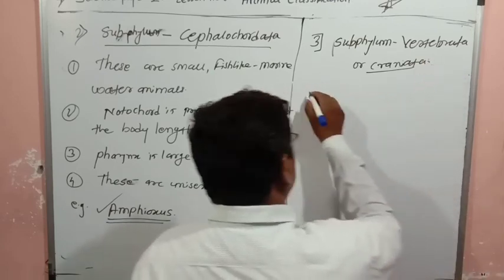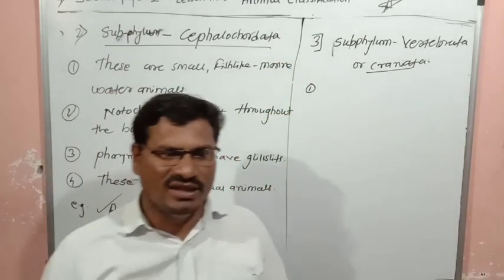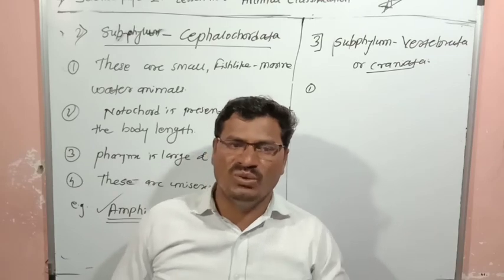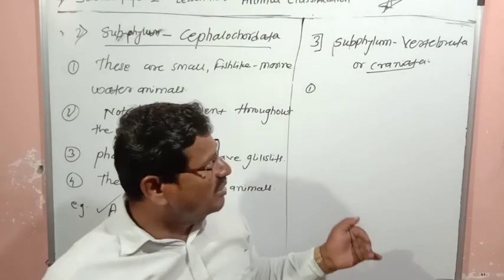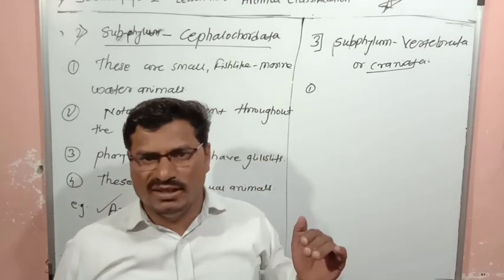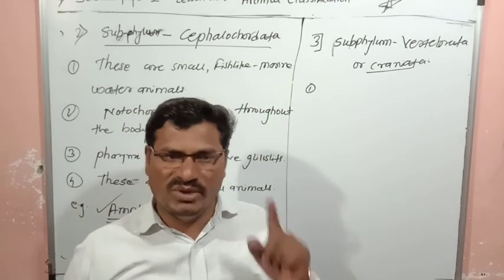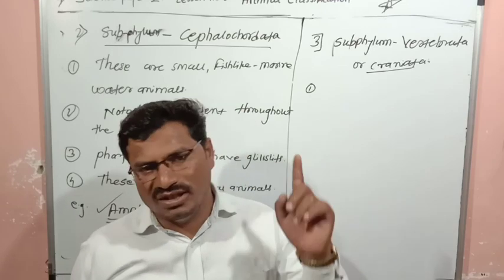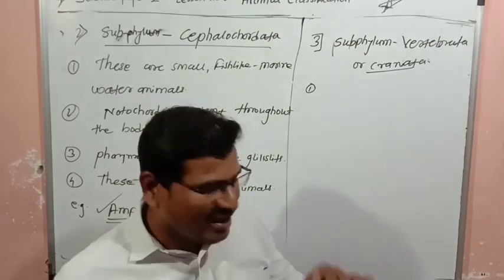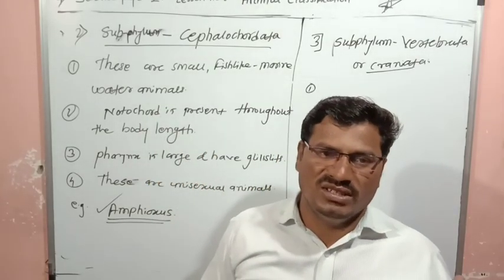What are the characteristics? We have seen vertebrates have a vertebral column, so these are called Vertebrata, and their head is well developed. Brain is present in the cranial cavity, so these are called Craniata.